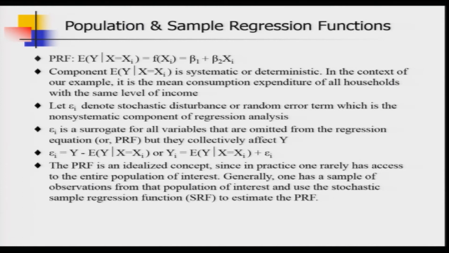First, the deterministic component, which is coming from the population regression function, and that has this beta 1 plus beta 2 times x i, and the second component is basically the random error component, which is the epsilon.